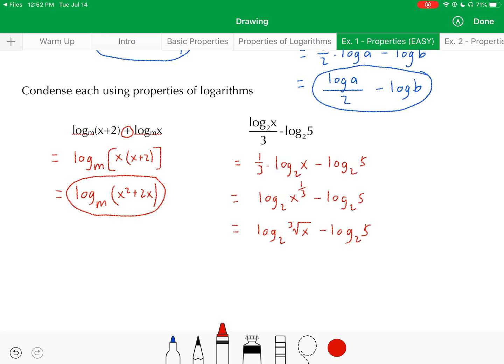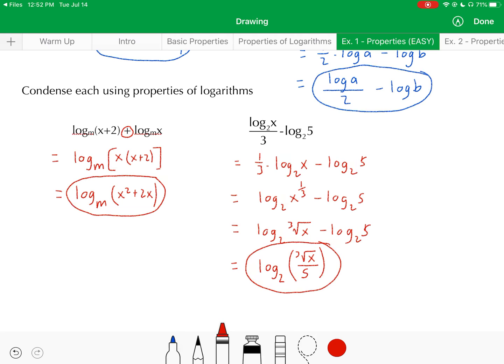Okay. And then from here, I'm noticing that these two logarithms are separated by subtraction. So that's going to allow me to use a quotient property. And I can now write this as a single logarithm, log base 2 of the cube root of x divided by 5. And let's put that in parentheses.